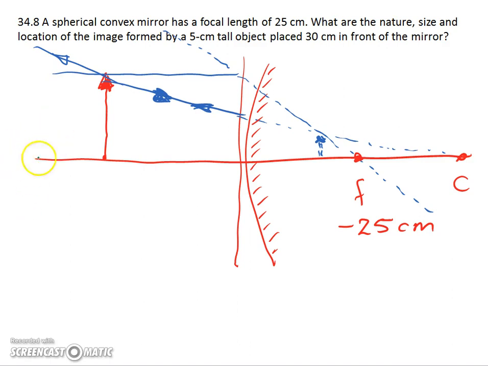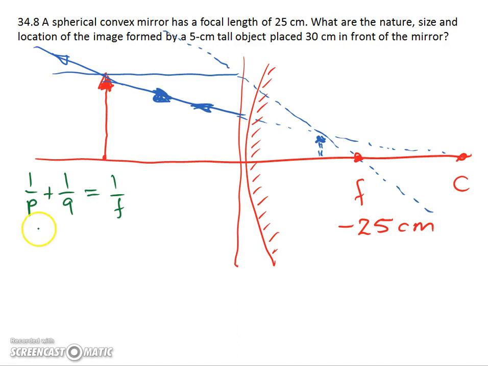So as before, we can use 1 over p plus 1 over q equals 1 over f, and when we substitute for f we must use minus 25 centimeters. If we do all of our calculations in centimeters, then we're using consistent units and our answers will be in centimeters. So we don't need to change to meters, although if we did, our answer would be in meters.